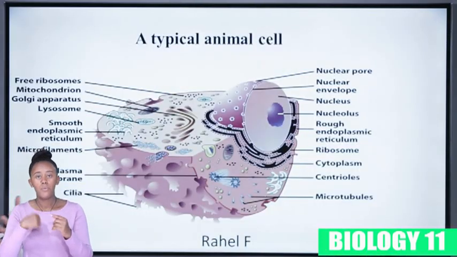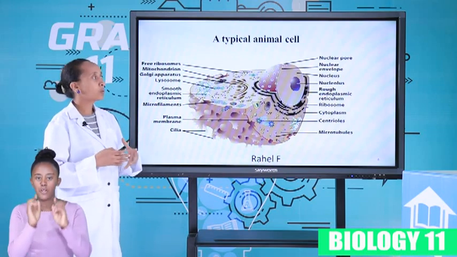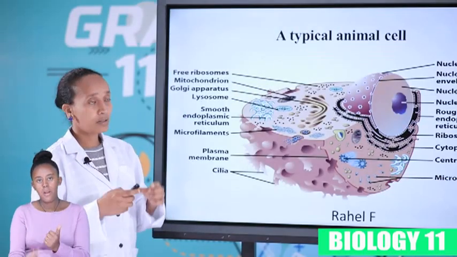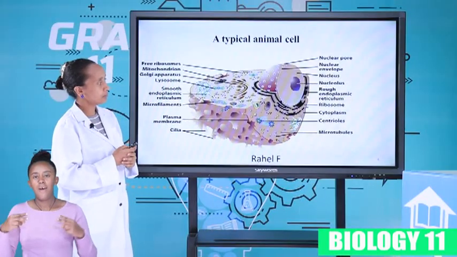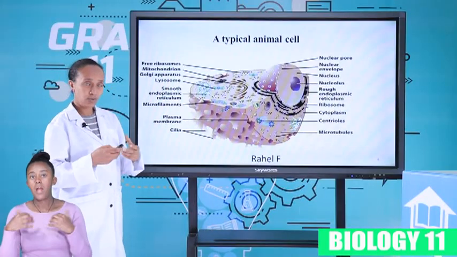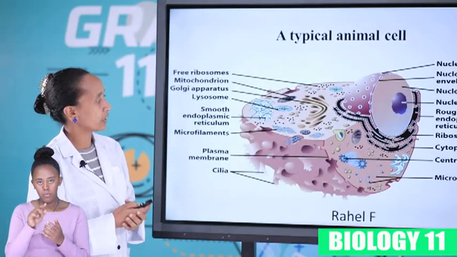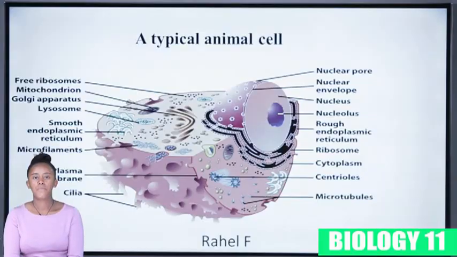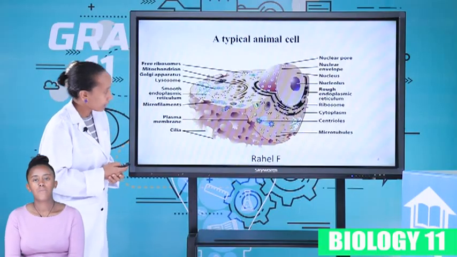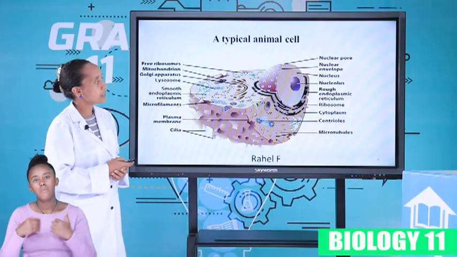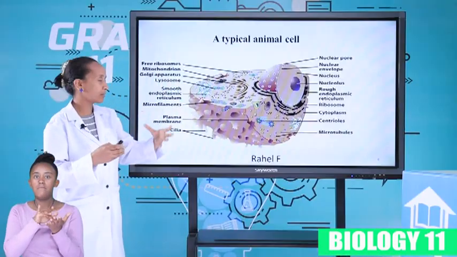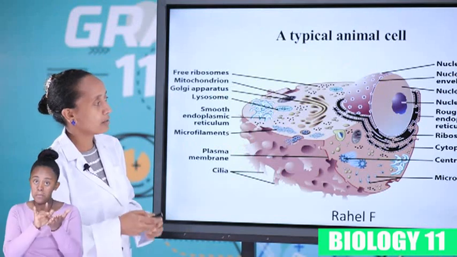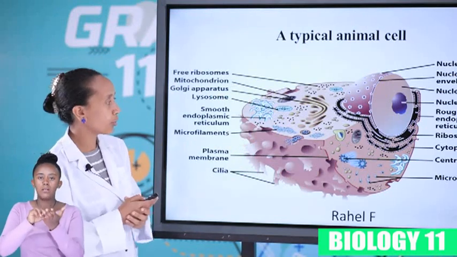When we talk about the structure of cell, we only consider the structures, but here we have the diagram of animal cell that you can observe how the structural arrangement looks like. As you see here, in animal cell, the nucleus is found in the relatively central part of the cell, and the nucleus has different components.